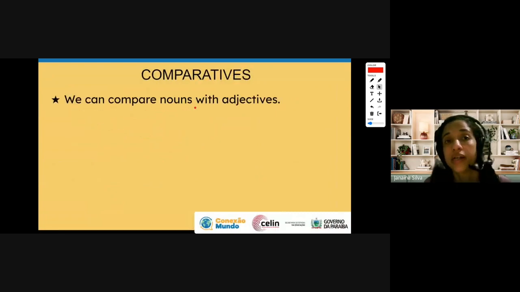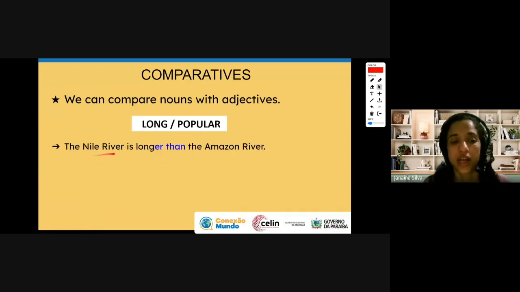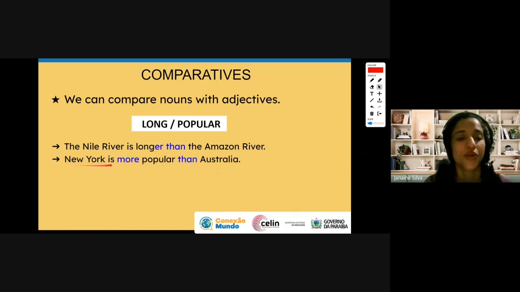We can compare nouns with adjectives. I brought 2 adjectives to give you examples: long and popular. The Nile River is longer than the Amazon River. New York is more popular than Australia. Longer than and more popular than.